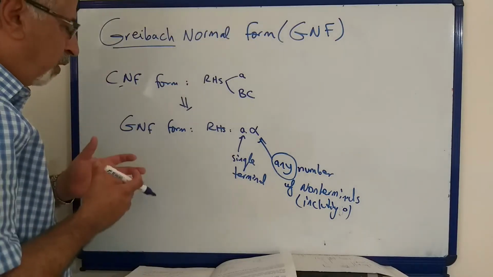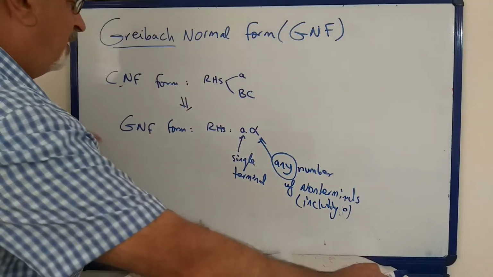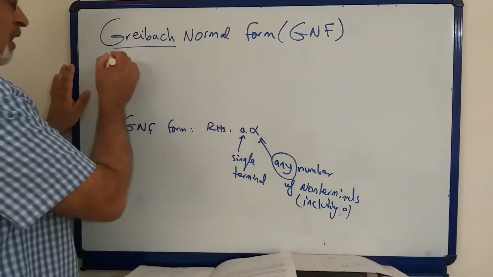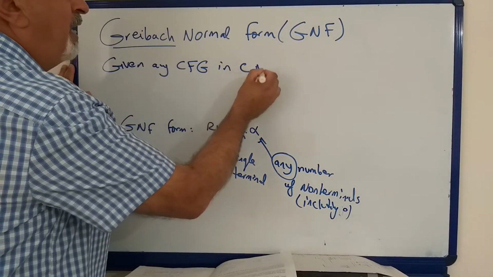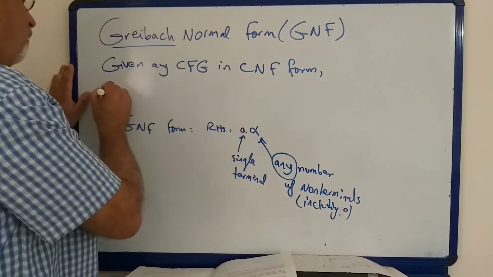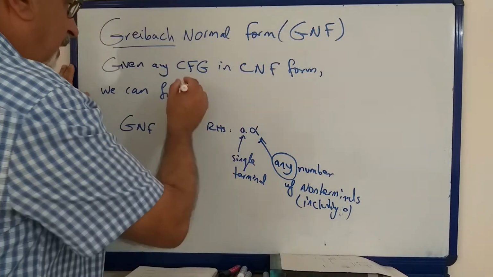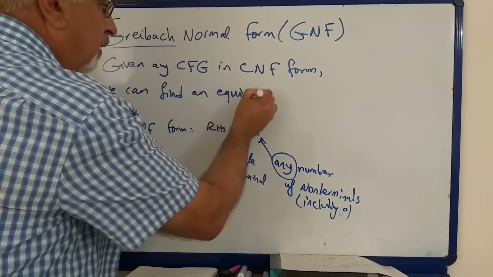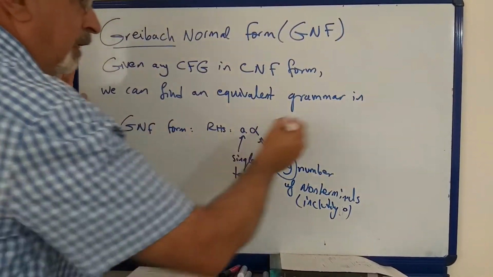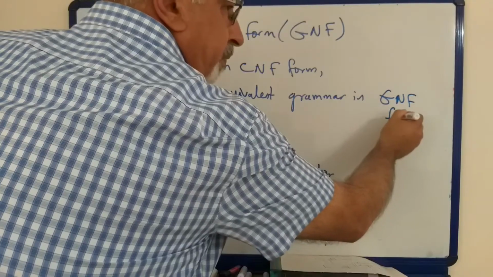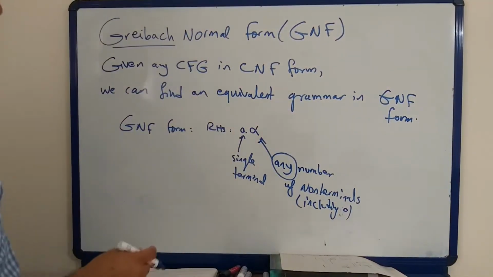By the way, the input of GNF is CNF. So Greibach says that given any context-free grammar in CNF form, we can find an equivalent grammar in GNF form.